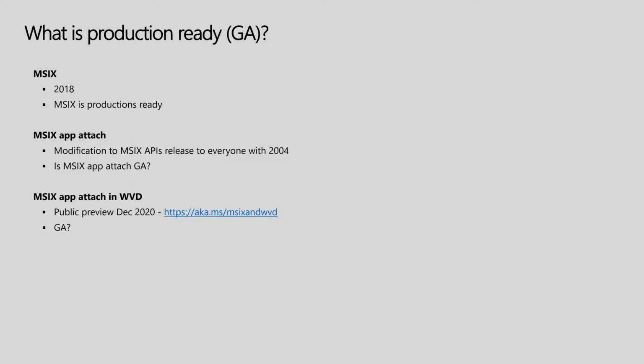So, MSIX App Attach. In the 2004 release of Windows, we added functionality to enable that dynamic application delivery mechanism that we called App Attach. When we shipped 2004, and once that release of Windows became available to everybody, MSIX App Attach technically became available to everybody. So everybody can go and get that feature in the OS and use it. The challenge is that these are just a set of APIs.